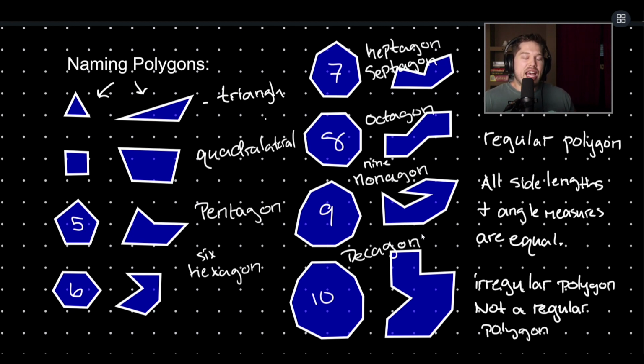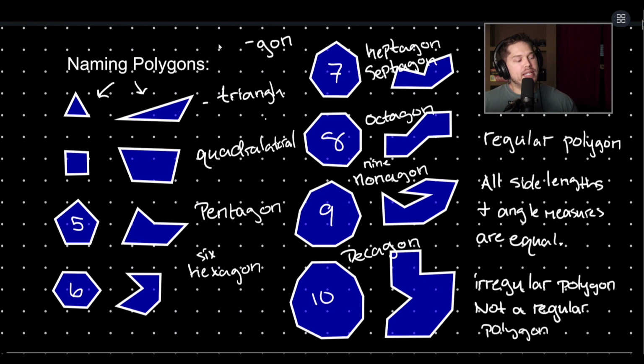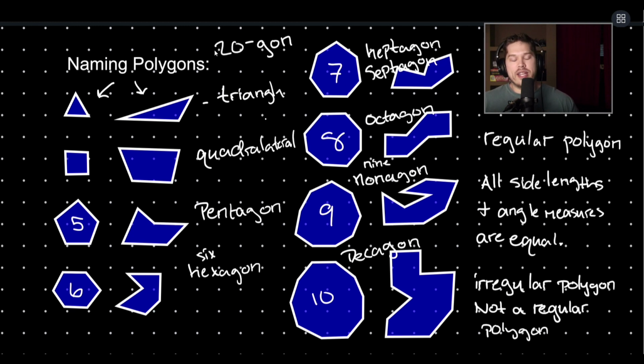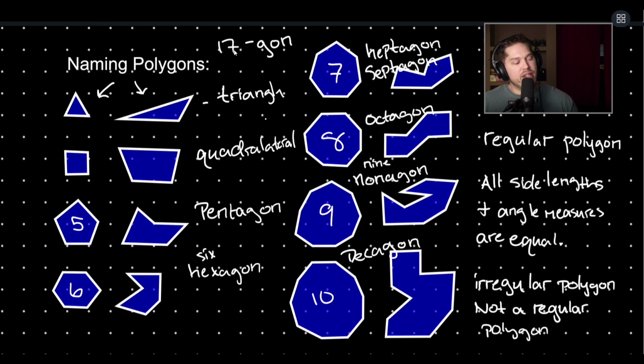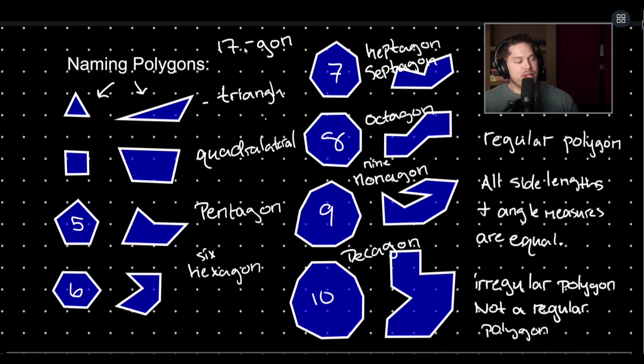Well, it does have a specific name, but if you come across a shape with just a bunch of sides, you can just call it simply however many sides it is. So in this case, 15, and then gon. 15gon. If you find a shape with 20 sides, you can call it a 20gon. If you find a shape with 17 sides, you can call it a 17gon. Okay?